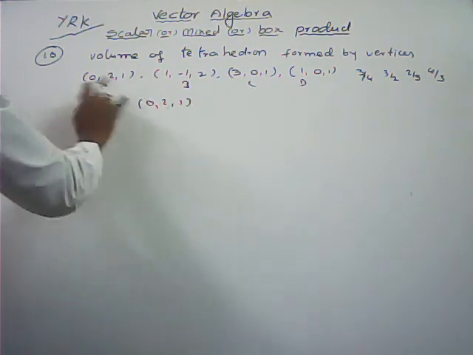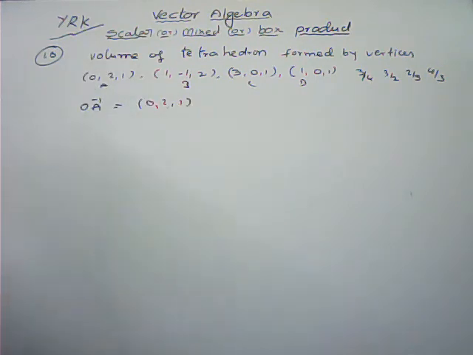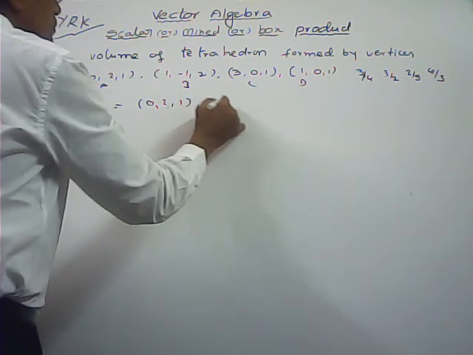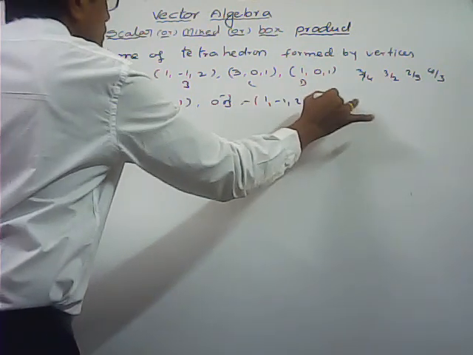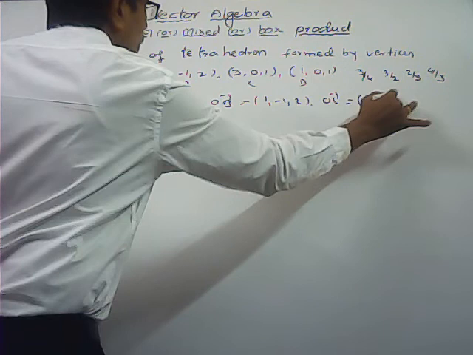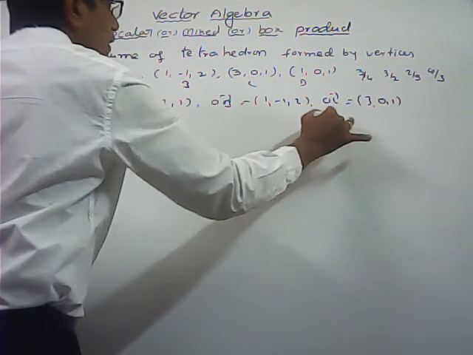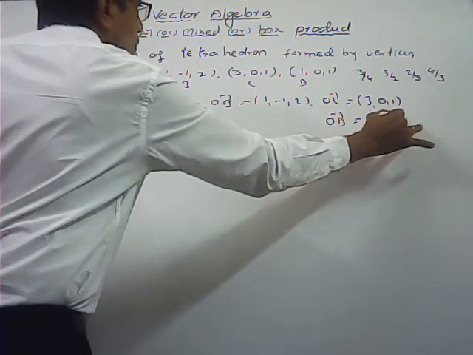Instead of writing 2 j cap plus k cap, I have written directly the point. OB bar is 1, minus 1, 2, OC bar is 3, 0, 1, and OD bar is 1, 0, 1.